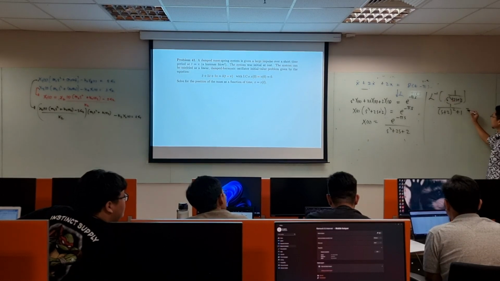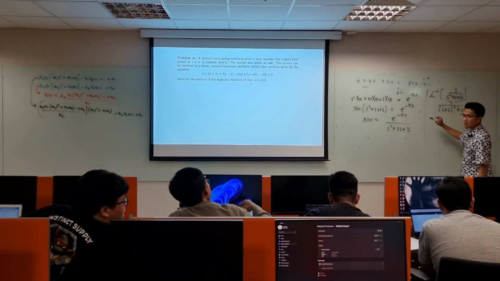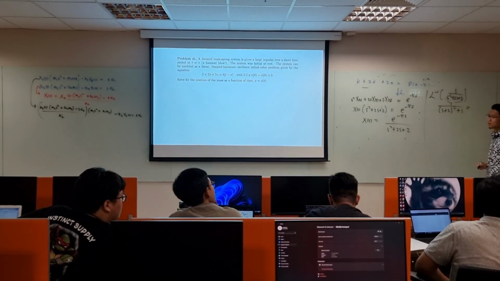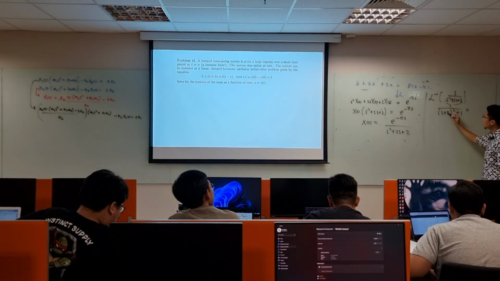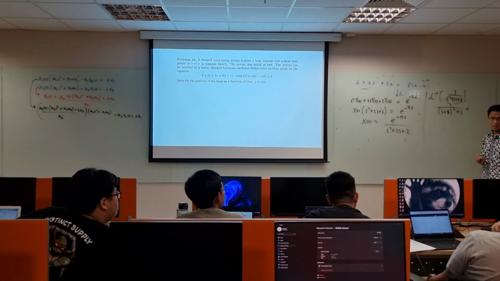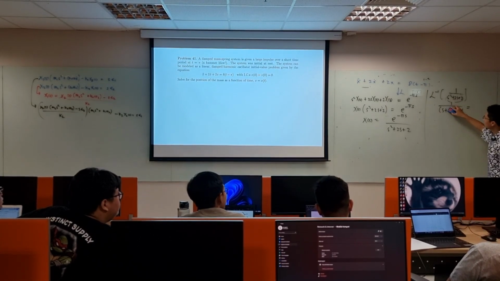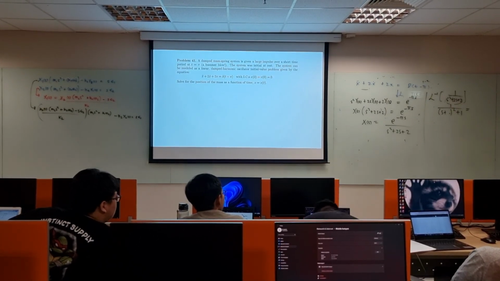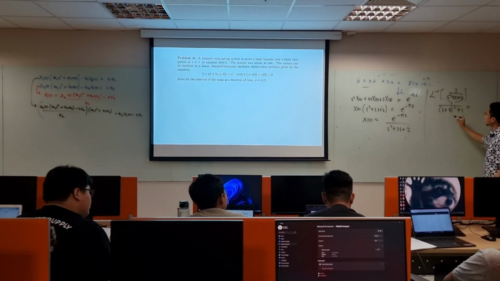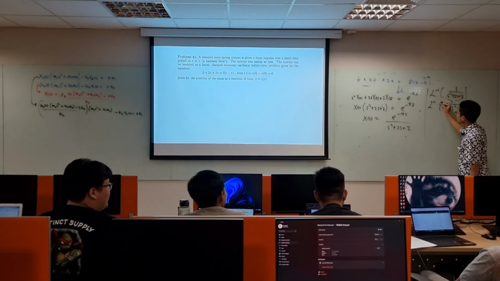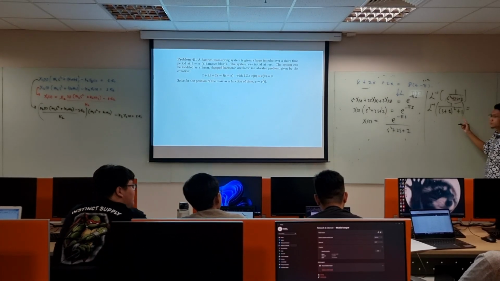What's the Laplace transform of this? The numerator is 1, not 4, not 2. So what is the Laplace inverse of this based on the table?